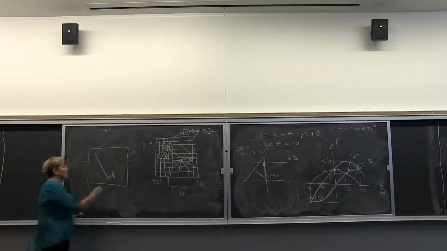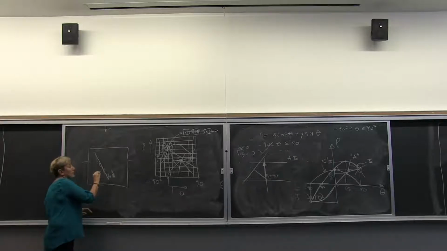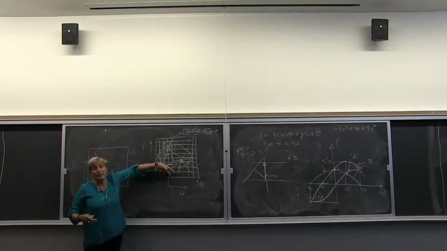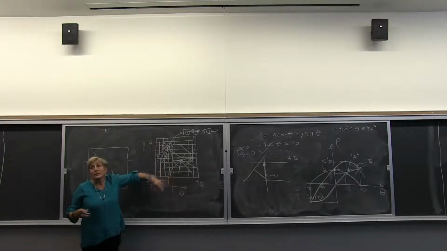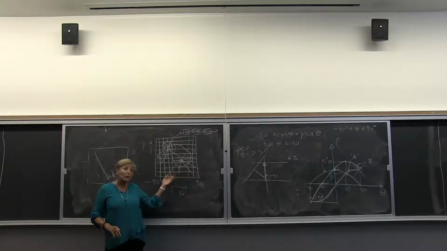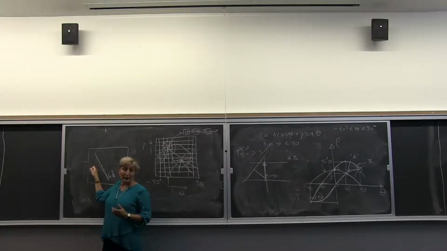Some of them might be on the line, but some might be slightly off, because after all, this was discretized. So this only allowed theta to be minus 90, minus 85, minus 80. What if my line was 72.3? It will not really give me that accuracy here. I still need to do this fitting.